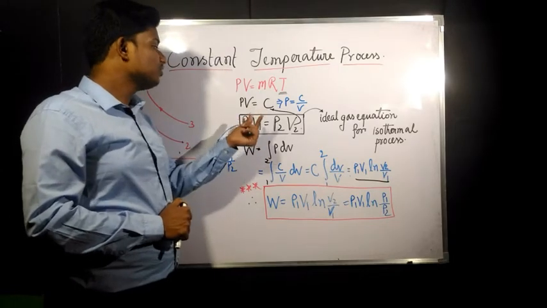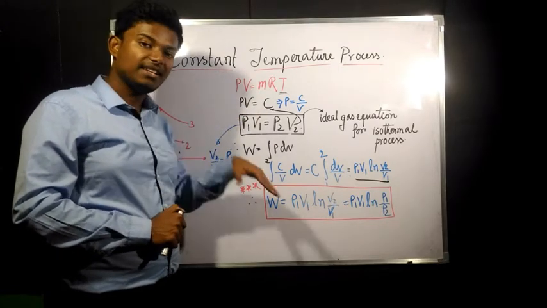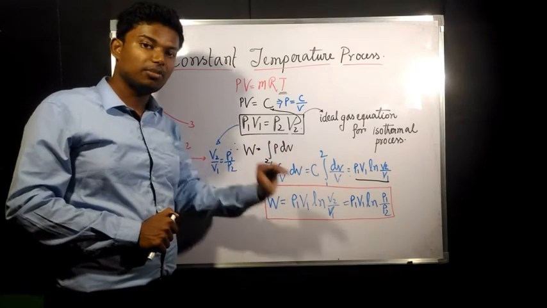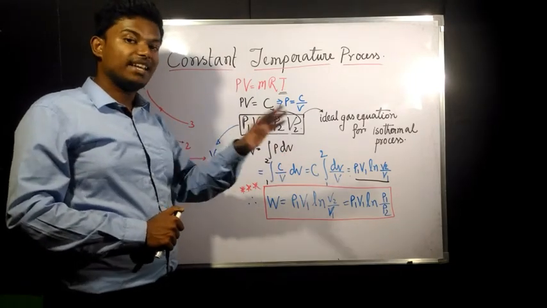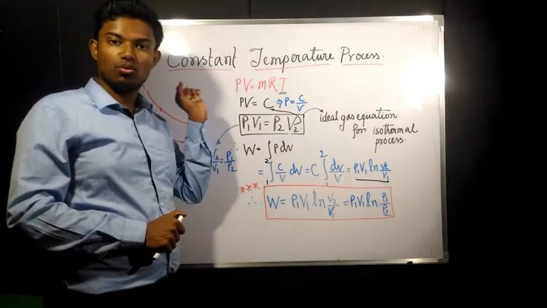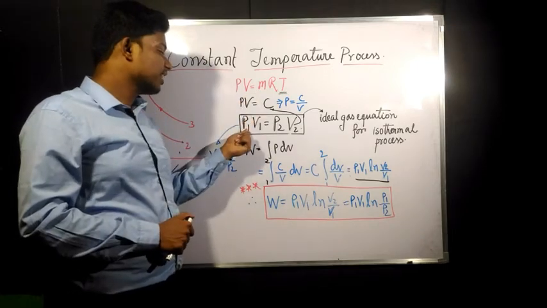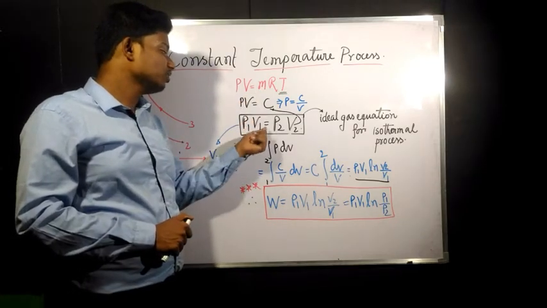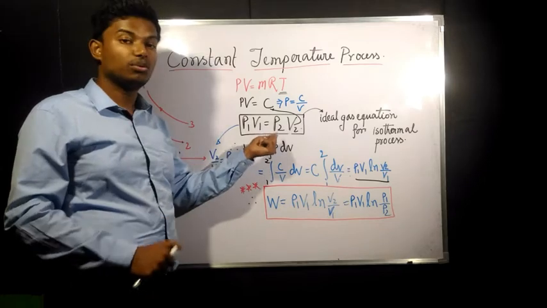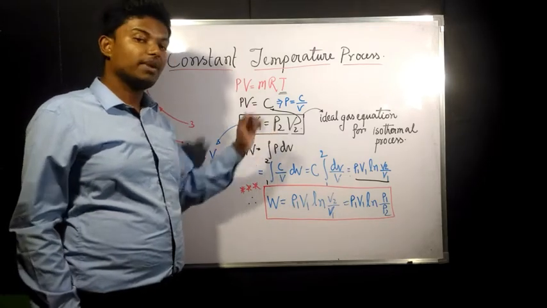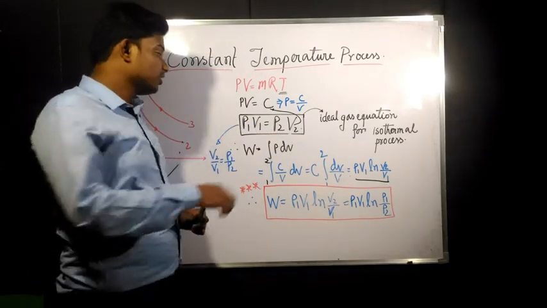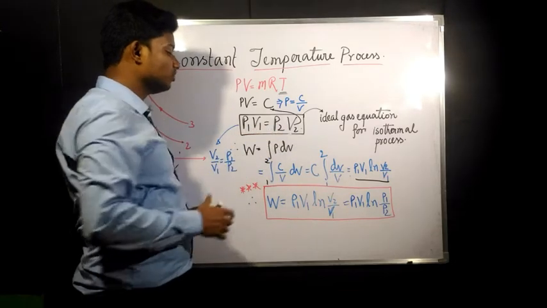At any position of this path, PV is constant. So taking both the end states 1 and 2, we can write that the product of pressure and volume at state 1 is equal to the product of pressure and volume at state 2.